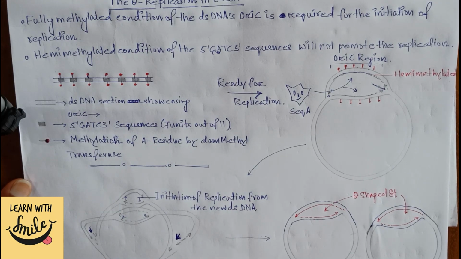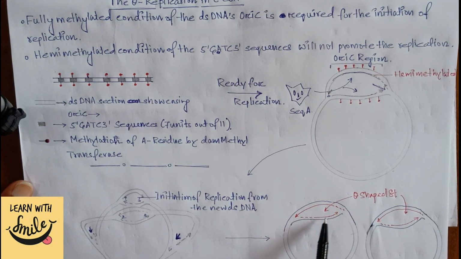So what we have understood from here is that even without the completion of the first round of replication in the E. coli chromosomal DNA, the second round of replication within the newly synthesized DNA occurs. Therefore, whenever the first round of replication is terminated and these two newly synthesized DNA are separated with the help of topoisomerase 4, this circular chromosomal DNA looks like this.